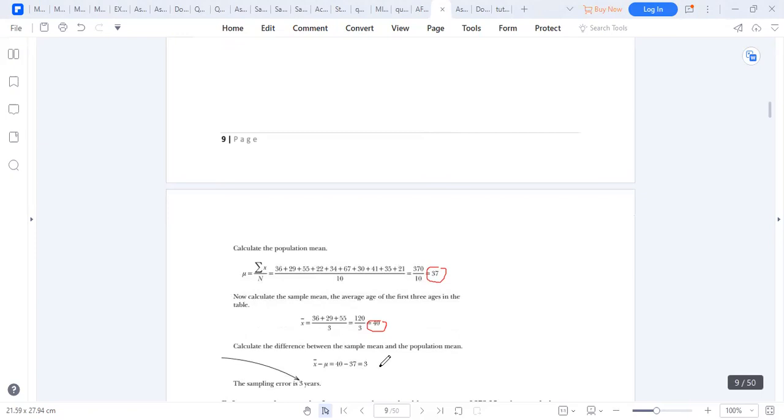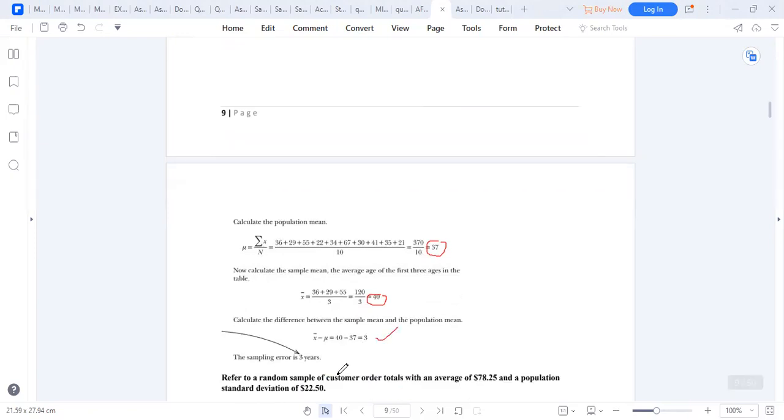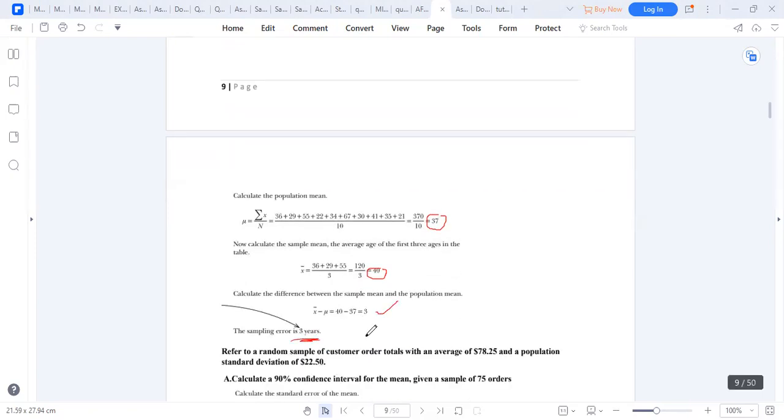So 40 minus 37, we get 3. So sampling error is 3 years. Sampling error is simply the degree by which we miss the mark.